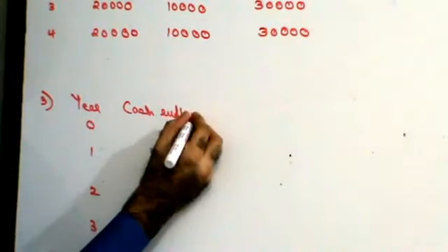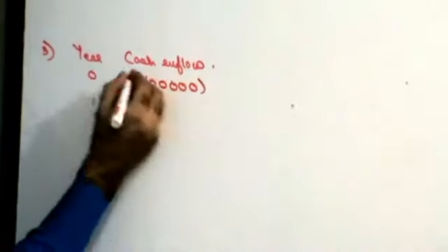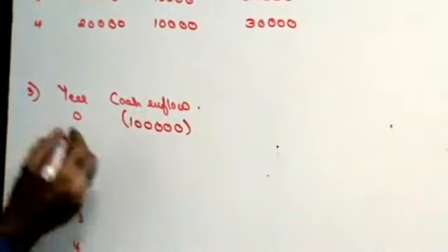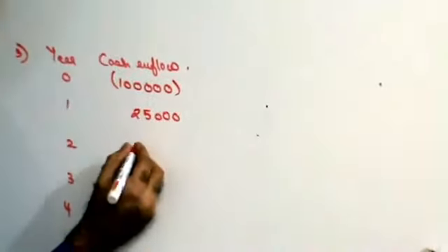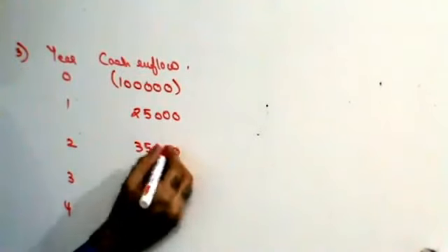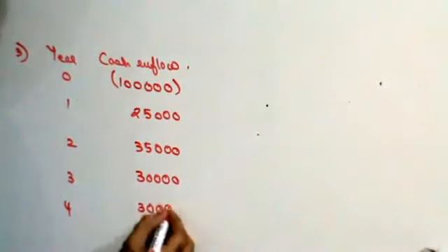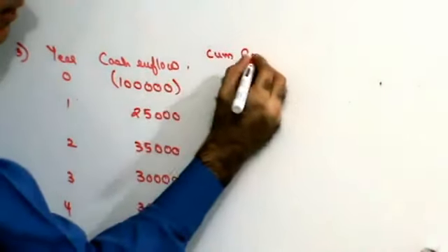Now at present point of time you have purchased an asset of 1 lakh rupees. So there is not a cash inflow but you have a cash outflow of 1 lakh rupees. And your cash inflows are 25,000, 35,000, 30,000 and 30,000. Right? So you can now find out your cumulative cash inflow.